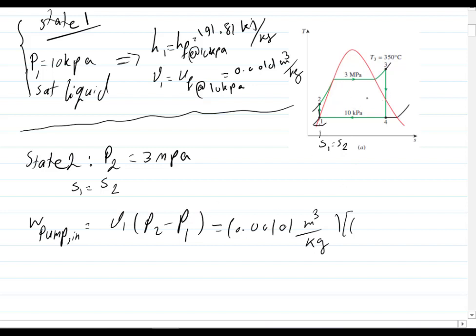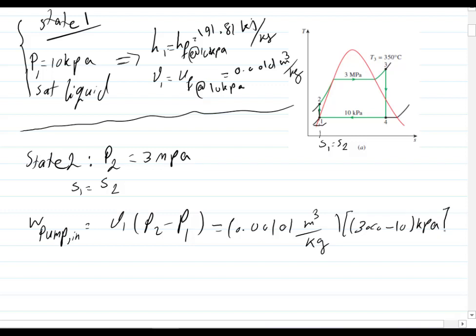So P2 is 3 megapascal, which means it is 3000 kilopascal, minus here 10 kilopascal, which is P1, like this.